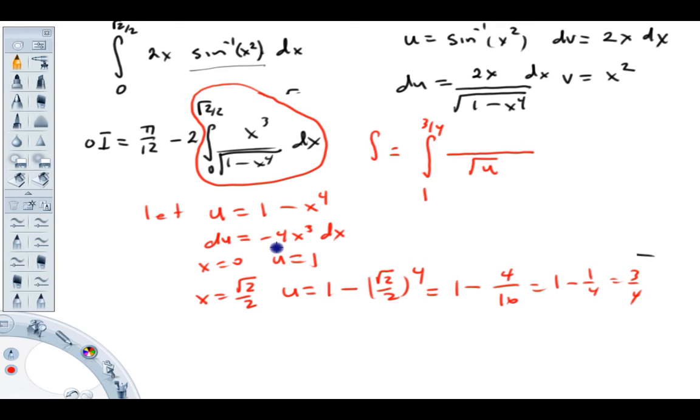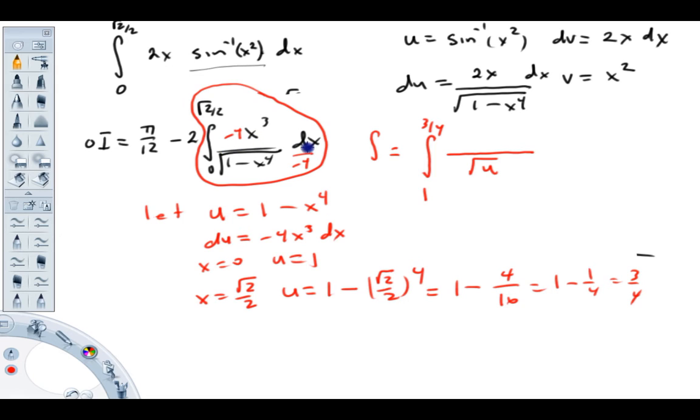I'm going to look right here now, minus 4x to the third dx. Now I don't have a minus 4 here, but it's a pretty easy fix. I'm just going to put a minus 4, and somewhere else divide by minus 4. Doesn't matter where.